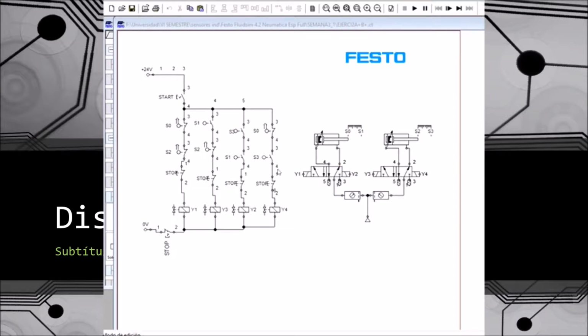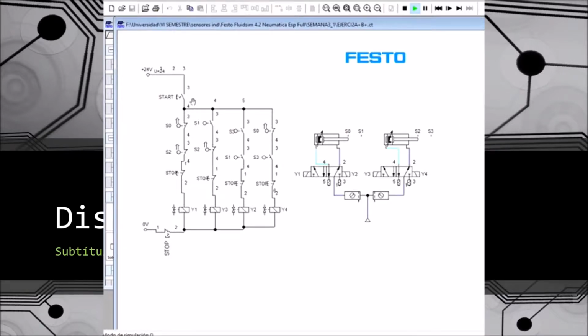Finally, when S0 is activated and S3 is activated, solenoid E4 activates the valve, and the cylinder changes from S3 to S2, as the simulation shows: A plus, B plus, A minus, B minus.